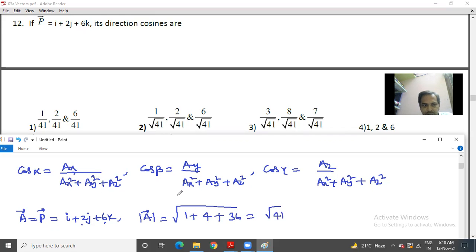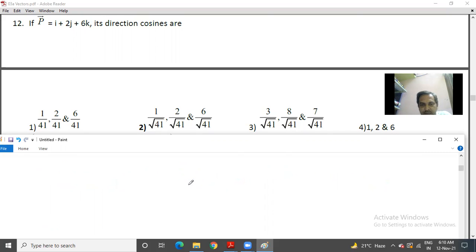Now cos alpha is equal to ax by the magnitude. The ax position is occupied by 1 if nothing is written, so 1 by the magnitude, which we just found as root 41.